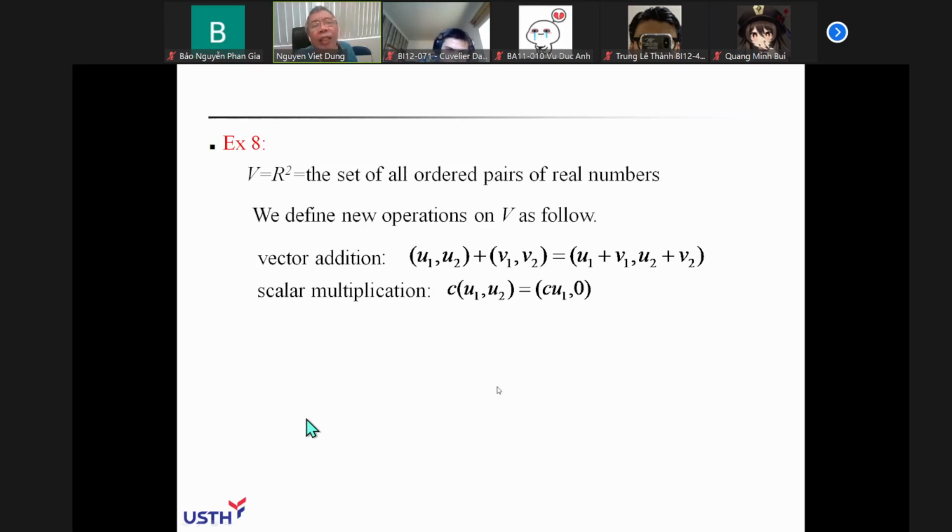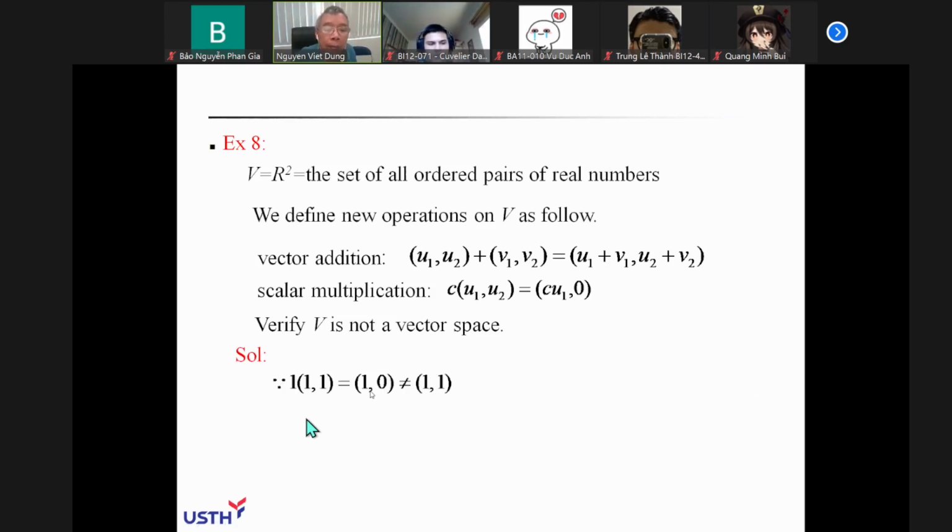Now we look at here. The example requires that we show that V is not a vector space. How to prove it? You take the number 1 and multiply by the vector (1, 1). By that definition, you get (1, 0).